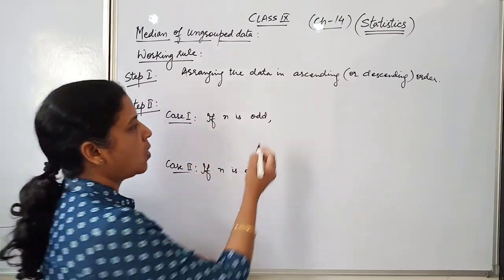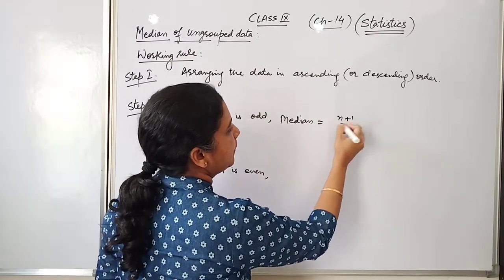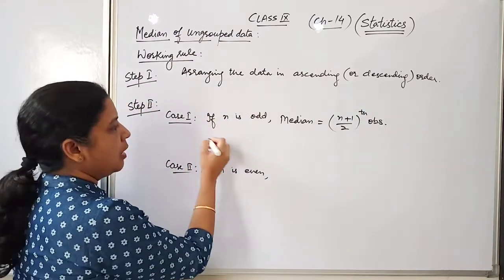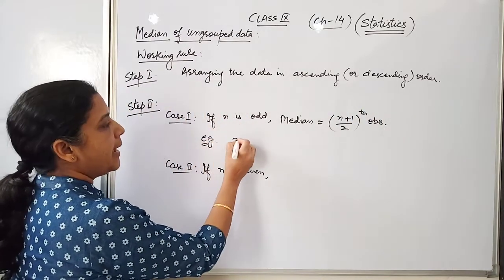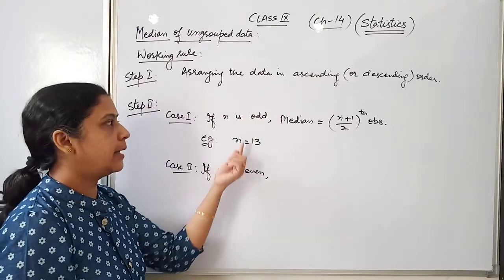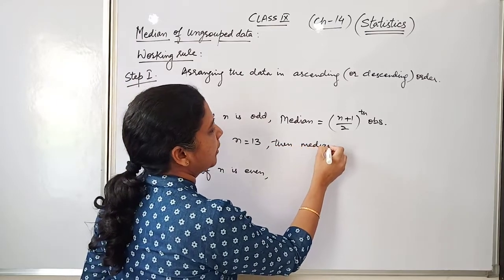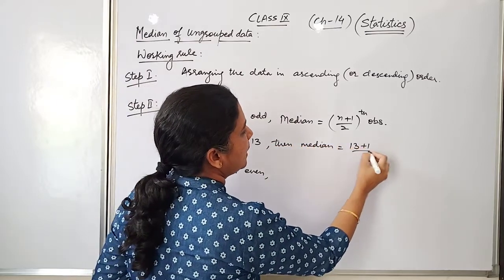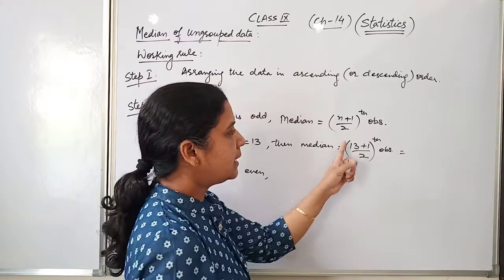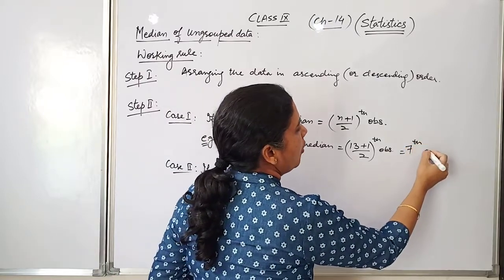If n is odd, then the formula for median is (n plus 1) by 2th observation. For example, n is equal to 13. You counted the number of terms, 13, it is odd. Then median will be (13 plus 1) by 2th observation. 13 plus 1 is 14, 14 divided by 2 is the 7th observation.